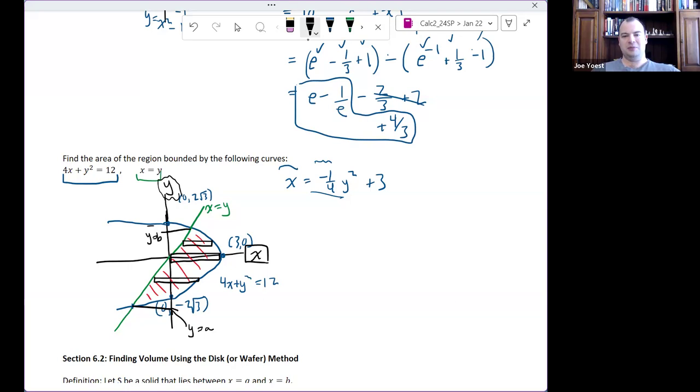I'll figure out what those are in a minute. Of blue minus green. We could call this f of y, in other words, x equals f of y, and this maybe x equals g of y. So my area is going to be the integral from y equals a to y equals b of f of y minus g of y dy.